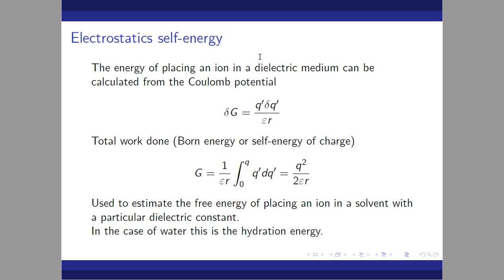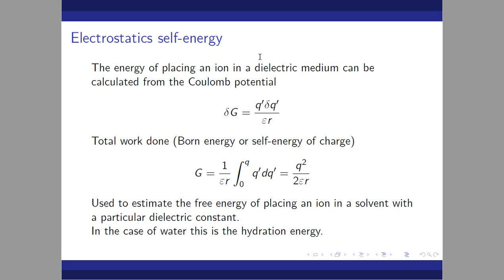The next one is the electrostatic self-energy. If we have one ion in the solution, that ion will vibrate. When it vibrates, it will produce this electrostatic energy. In our physics, we have the Gauss law.